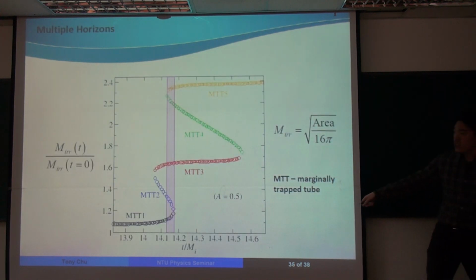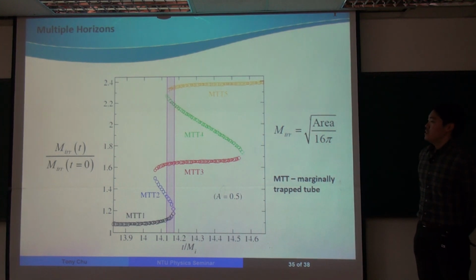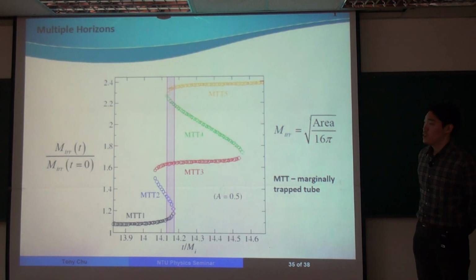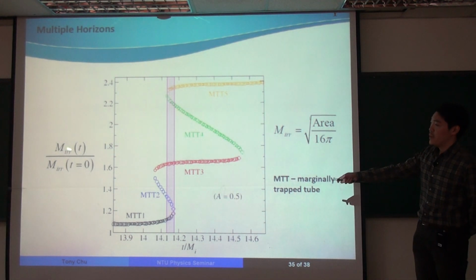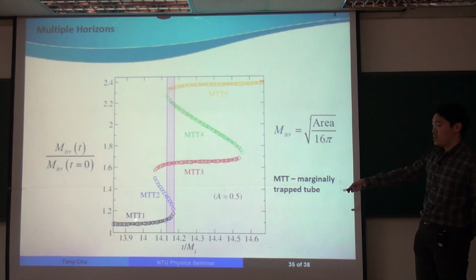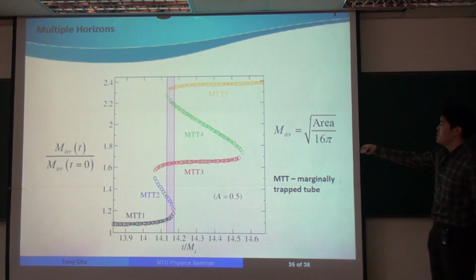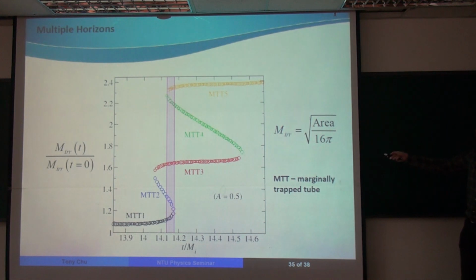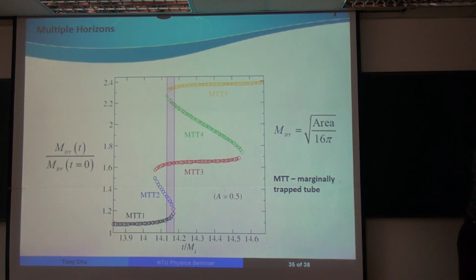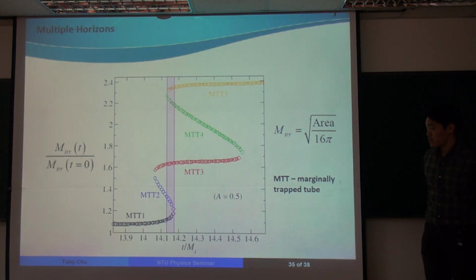Shown on this slide, during the evolution, are all the marginally outer trapped surfaces that we locate. Plotted here is the irreducible mass of every marginally outer trapped surface that we find at each time, which is just defined as the square root of the area of the surface.